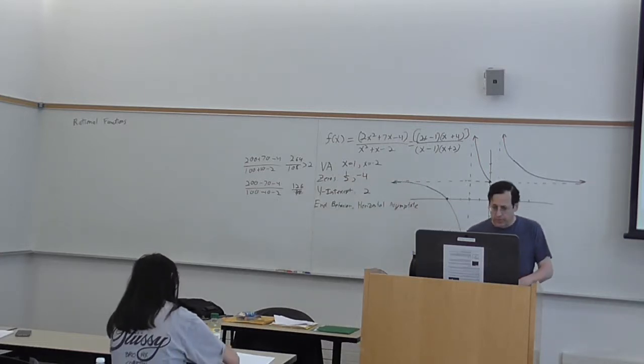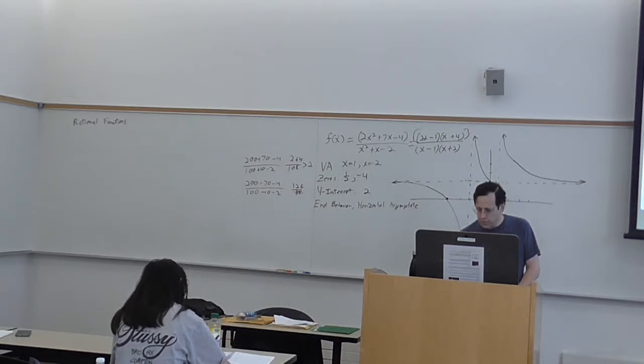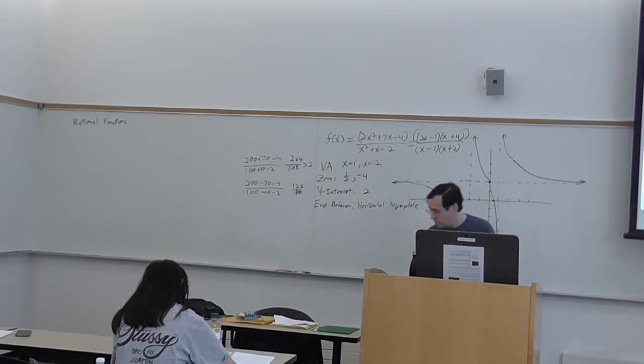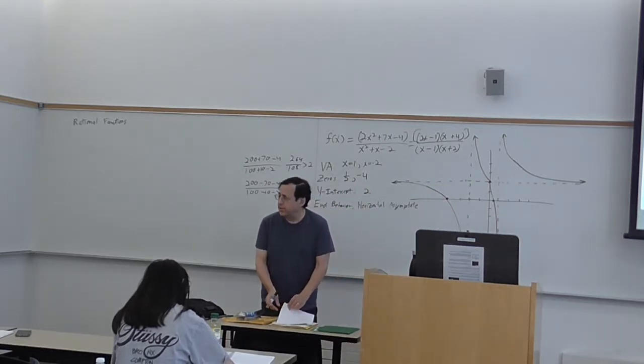I guess that's why we have graphing calculators. Right. So here's Desmos's version. That's vertical asymptote 1, vertical asymptote 2, and horizontal asymptote. Okay, so that's, yes?